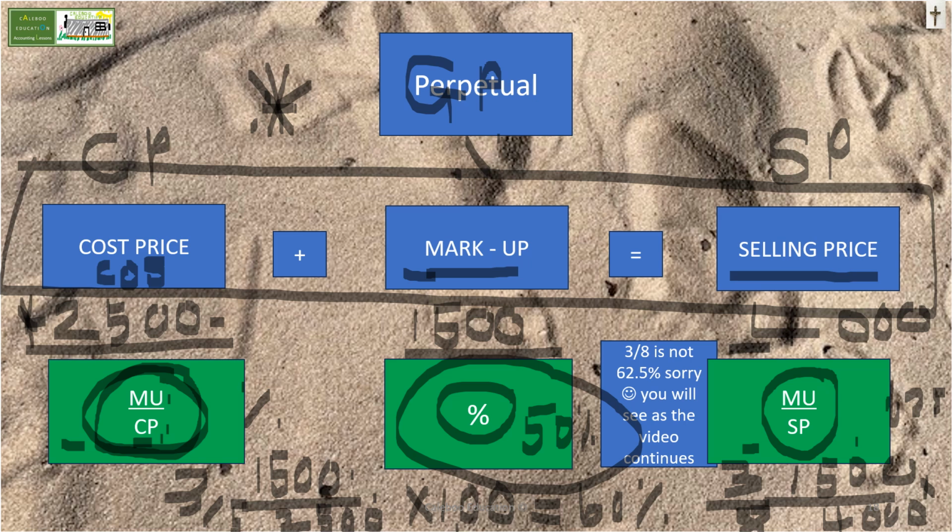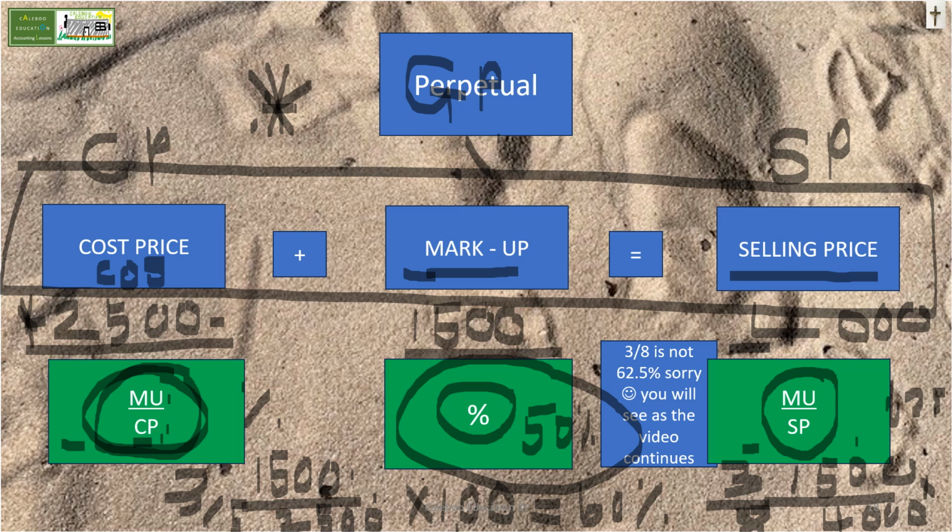So I'm going to end this video here. All these calculations I will do in a separate video, markup on cost price, markup on selling price, but I thought I would just introduce this in this video so you have an idea going forward.